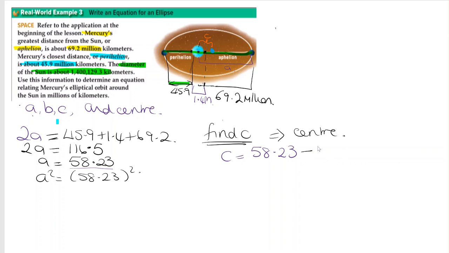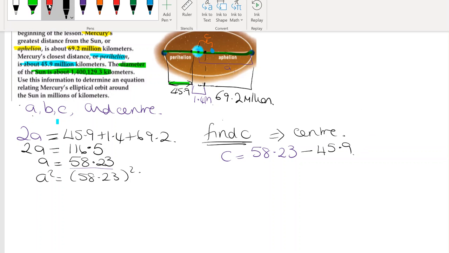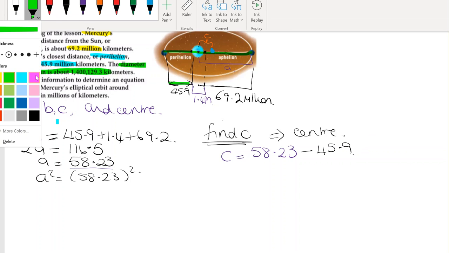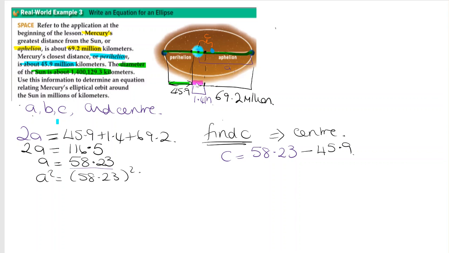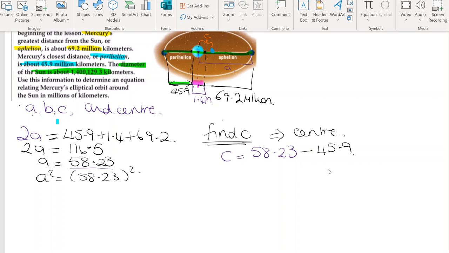So if we minus 45.9, and if we look at this distance here, we only want to take half of this.